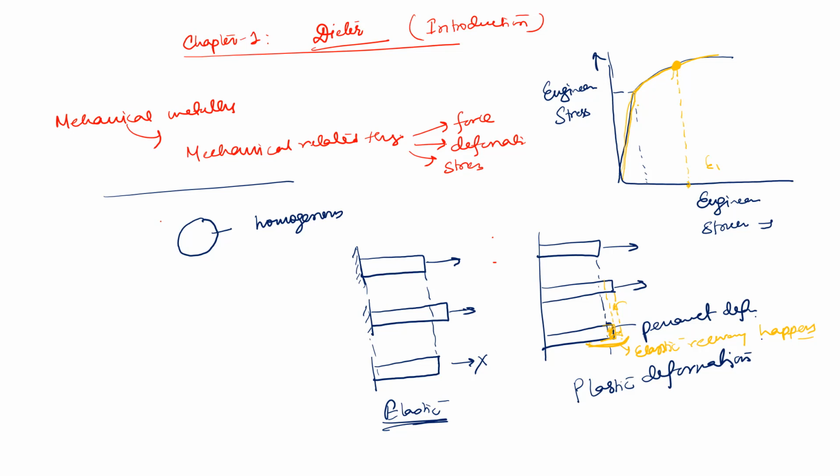It returns back parallel to this elastic line. Once it returns back parallel, this strain is the permanent strain, epsilon permanent. The strain which is getting recovered is elastic. So in every plastically deformed material, there is an elastic recovery which happens.